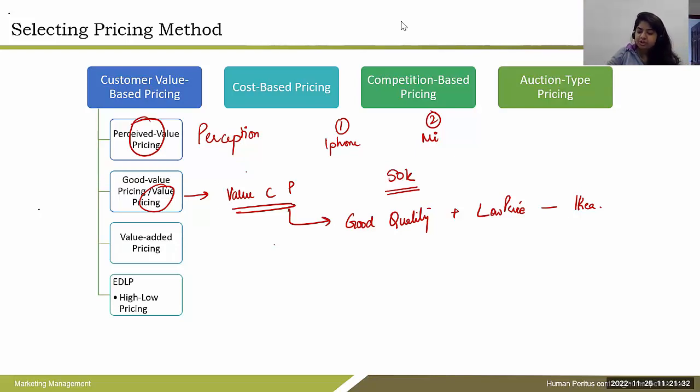Roshan, that is perception about the brand for the perceived value pricing. You're absolutely correct. So I was giving the example of iPhone, Apple versus MI. I'll give you another example. Let's say I give the same perfume concentrate in a Chanel bottle and in, let's say, a Fogg bottle. Which one will you pay more for? Same concentrate. Chanel or Fogg?